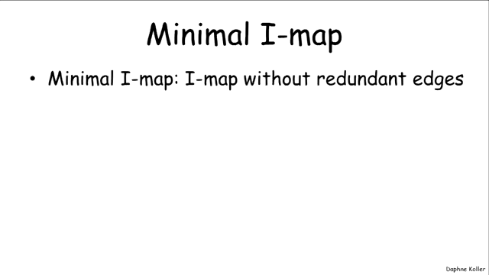So for example, if we have a graph X to Y, where Y really doesn't depend on X in the sense that P of Y given, say, X0 in the CPD is equal to P of Y given X1, then we could remove this edge and still have something that was an I-map for this distribution. And so this edge is now redundant, and so from our definition, that would mean that this I-map is not minimal because you can have an I-map from which edges can be removed.